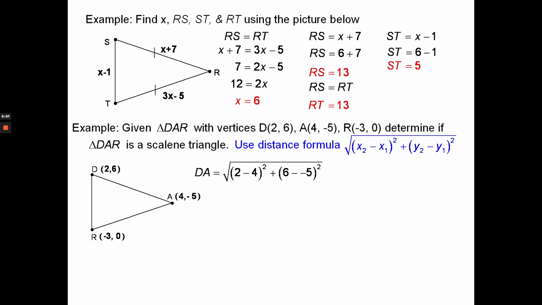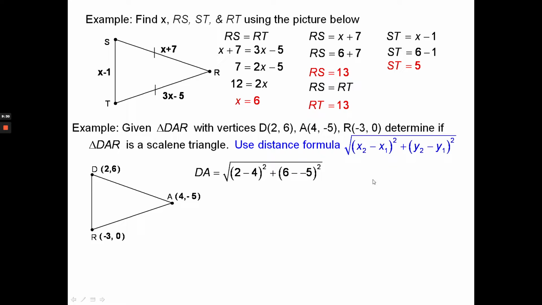So we're going to do the distance formula to find the length of DA. So I did 2 minus 4 quantity squared plus 6 minus a -5 quantity squared. And that's just filling in our distance formula. Okay. 2 minus 4 is -2. -2 squared is 4. 6 minus a -5, that turns to a plus.